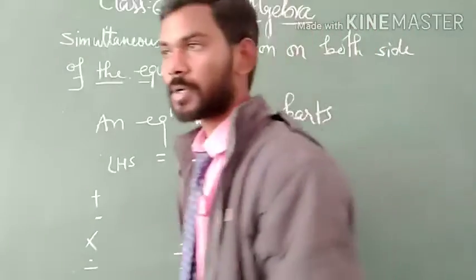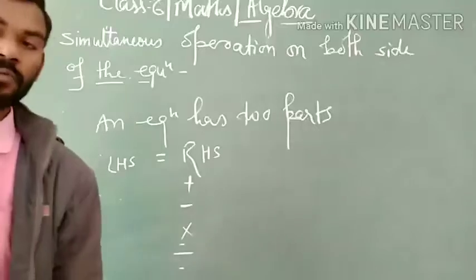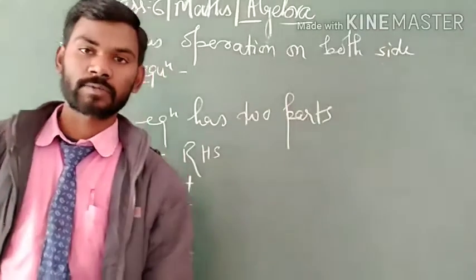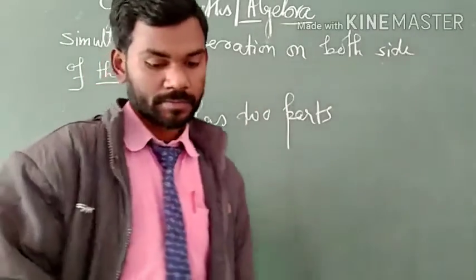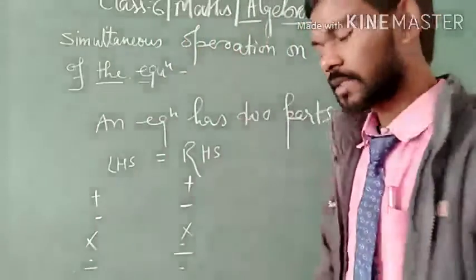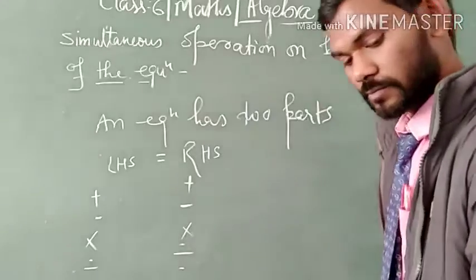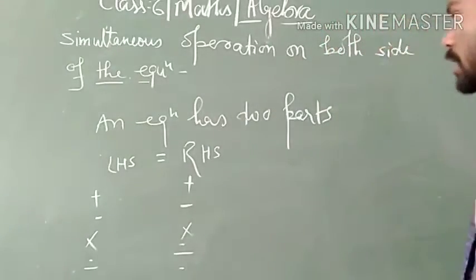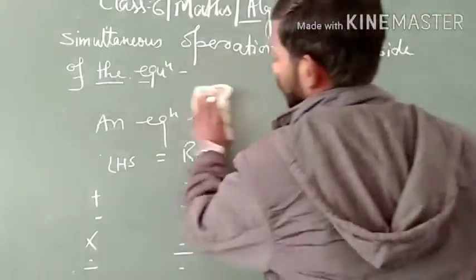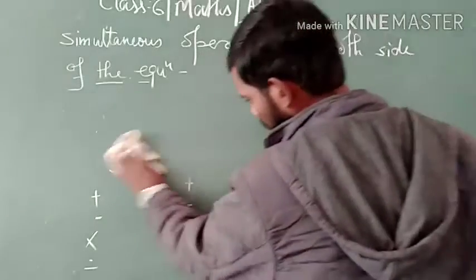And whenever we separate the variable from the equation, then we can easily find our solution. So this is the statement and this is the rule of this topic. So let us see how it works.